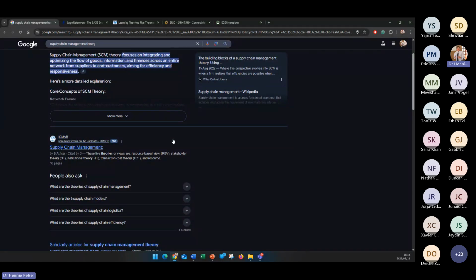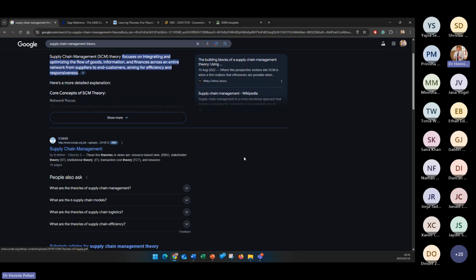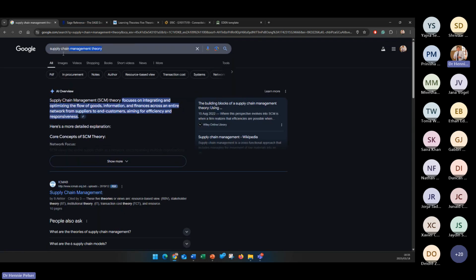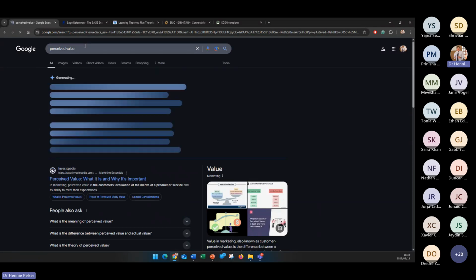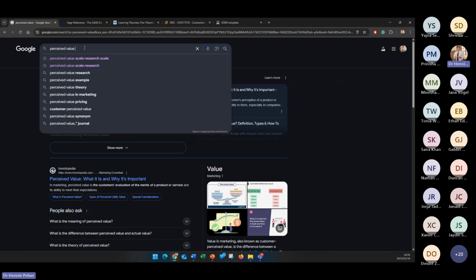And then Tanya, exploring the potential. The other one I would look at is the perceived value theory. So look for the perceived value theory, because that's what we're determining. When we look at the potential, we're looking at the perceived value theory.